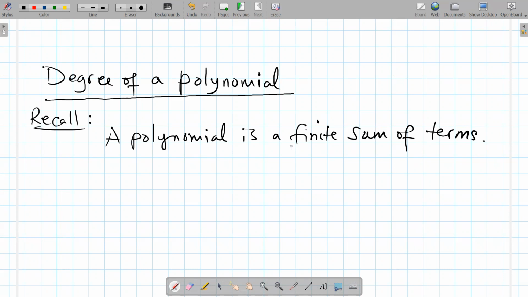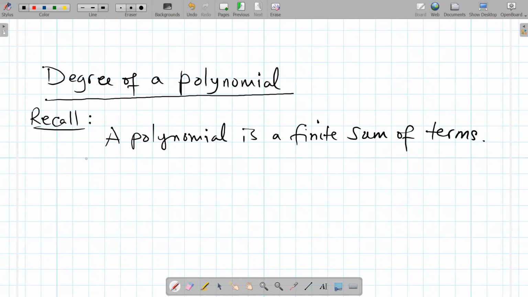In other words, every polynomial has some number of terms that constitute the polynomial. And so if we know every individual degree of the terms, we should be able to use those to deduce what the degree of the polynomial is going to be.